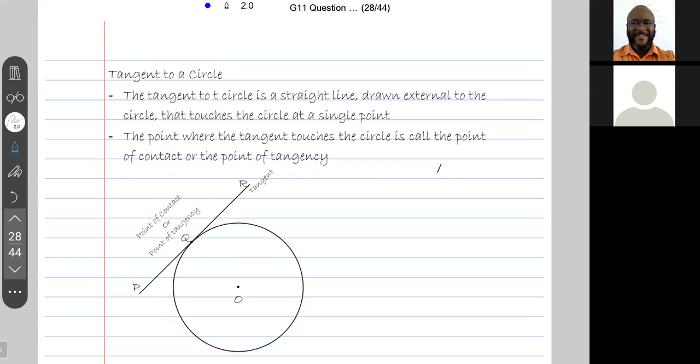The point where the tangent touches the circle is called the point of contact or the point of tangency. So in my diagram, PQR is the tangent. The point where the tangent touches the circle, which is Q, is called the point of contact or the point of tangency.